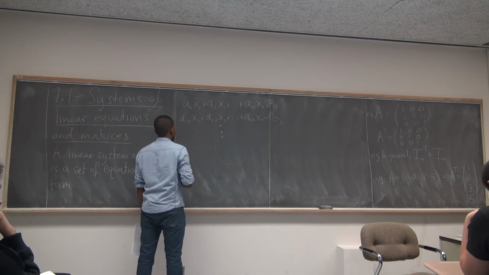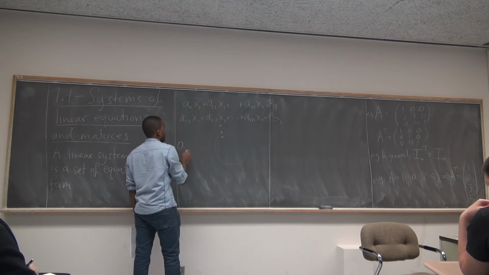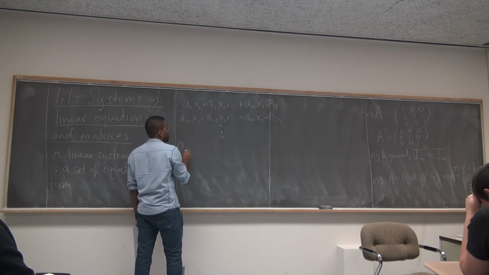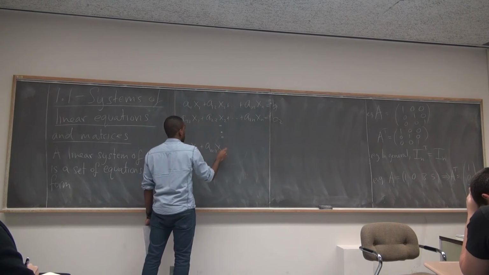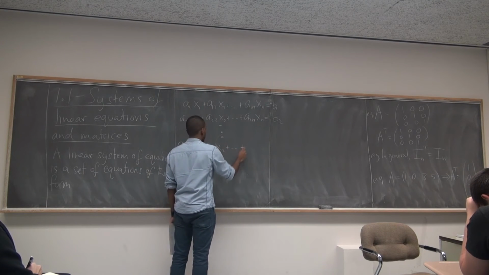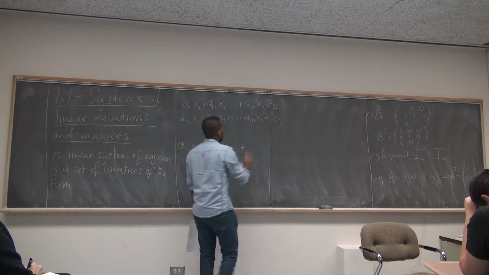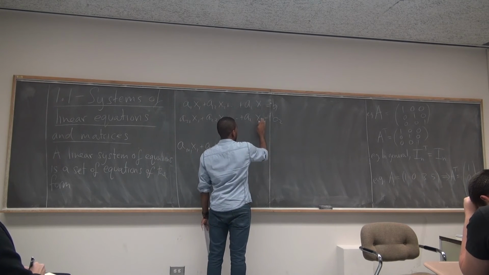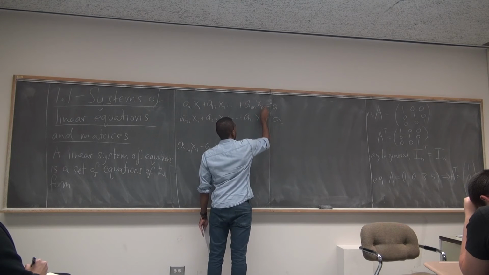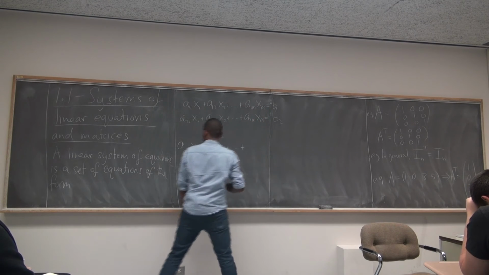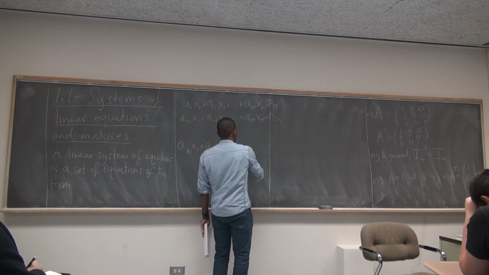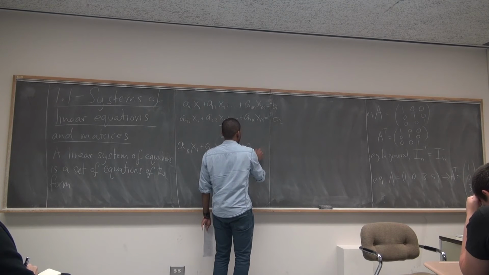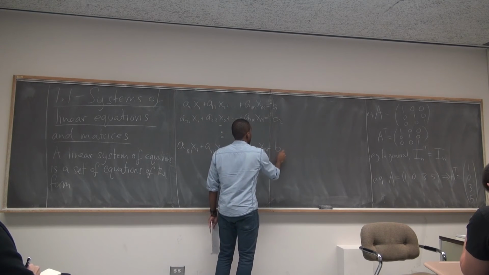This pattern continues, and we end up with am1 x1 plus am2 x2 plus, up to amn xn equals bm. To be consistent, let's write this n as an m and this m as an n.